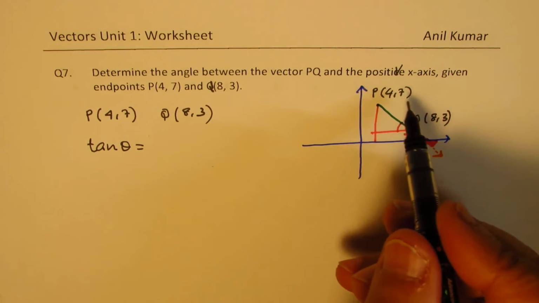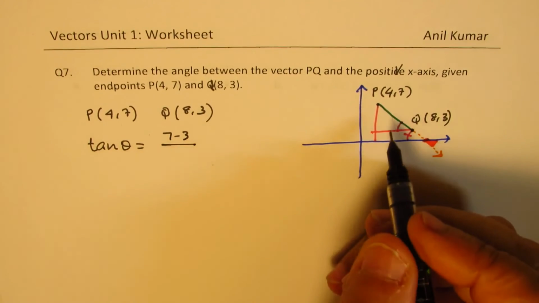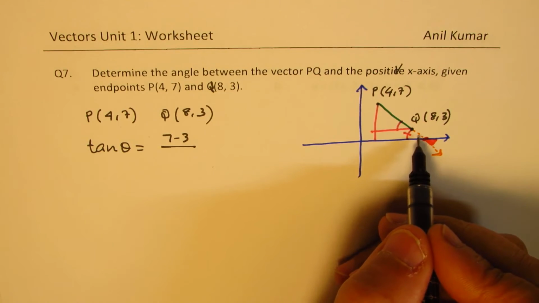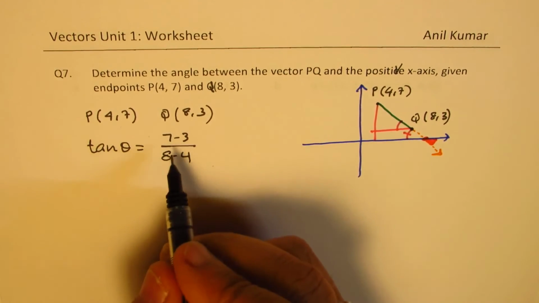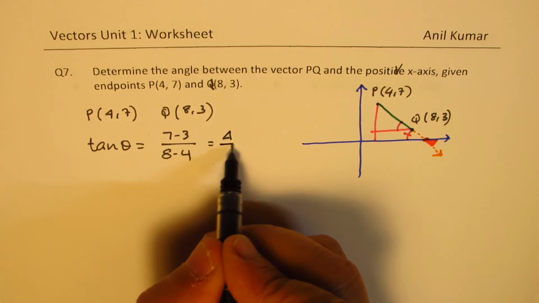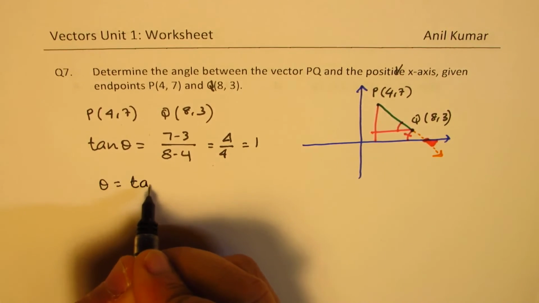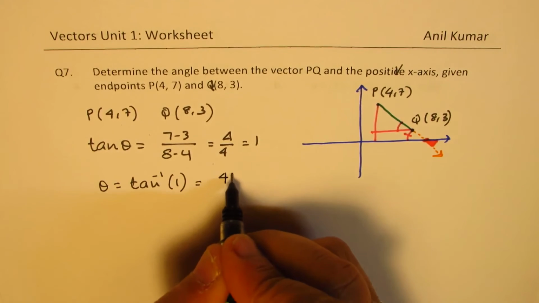The rise is 7 minus 3 divided by the run, which is 8 minus 4, taking this distance as positive. So it is 4 over 4, which is 1. So theta is tan inverse of 1, and so it is 45 degrees.